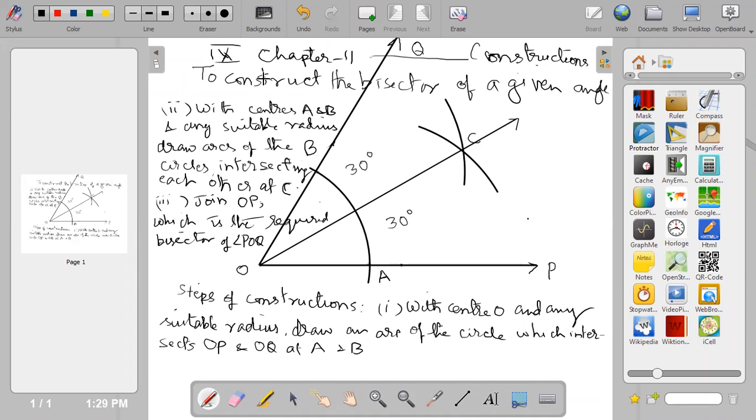Yes, join OC, not P. This is OC. Join OC, which is the required bisector of angle POQ, the angle bisector.